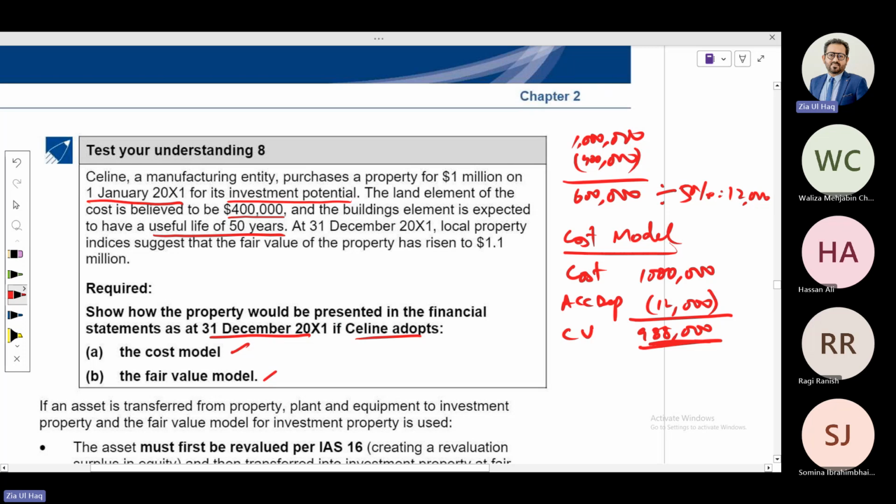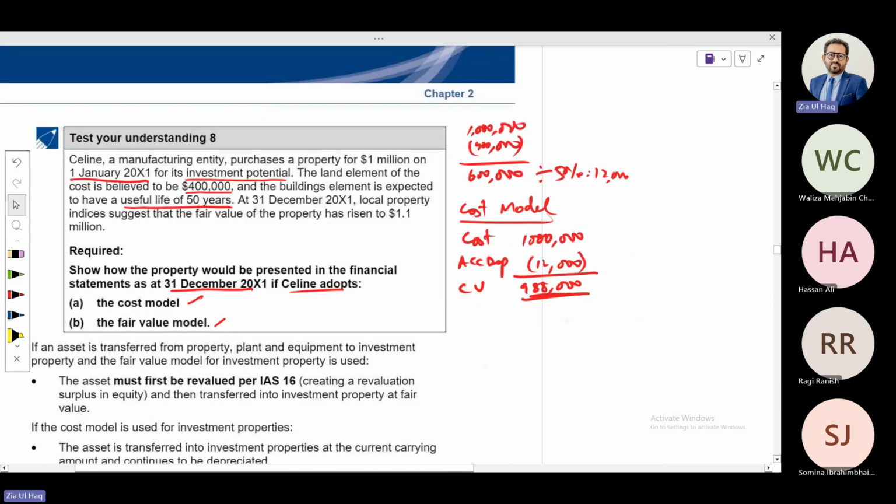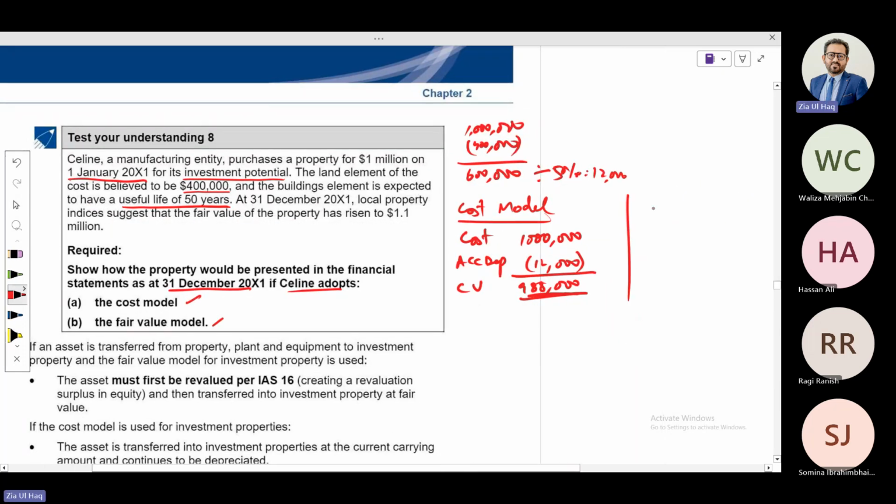Now, if we move towards the fair value model. The property we bought for 1 million, but at the end of year, its value is 1.1 million.